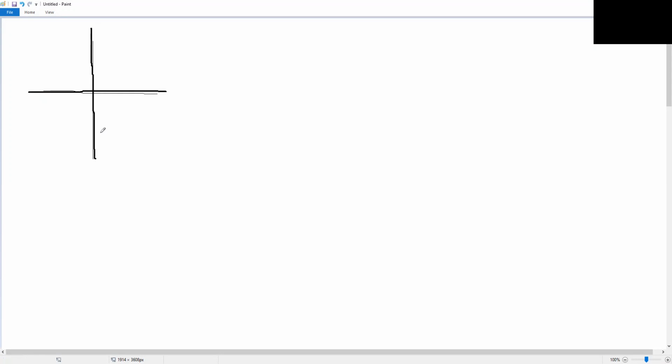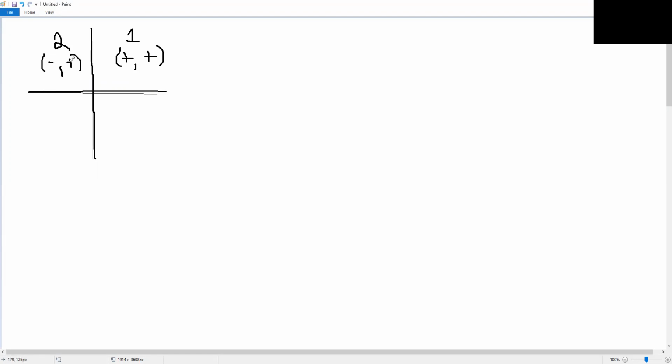Finding slope and the Cartesian plane is what this is called. So you have quadrant 1, and in that quadrant is all plus numbers. And this is quadrant 2, and in that quadrant, you'll have negative and then plus.